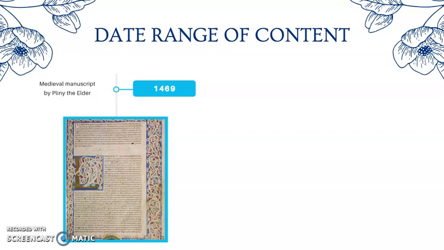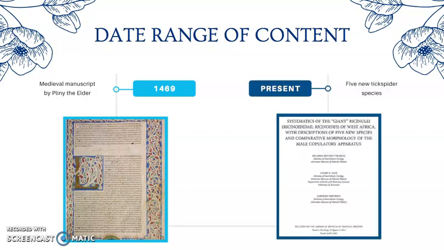It is a foundational work in the field of natural science, and fitting that it is the oldest item in the BHL collection. The database covers materials from 1469 to present day, with the most recent addition to the database being a research article on 5 new species of African tick spiders. Works from the 18th and 19th centuries are the database's strong suit.